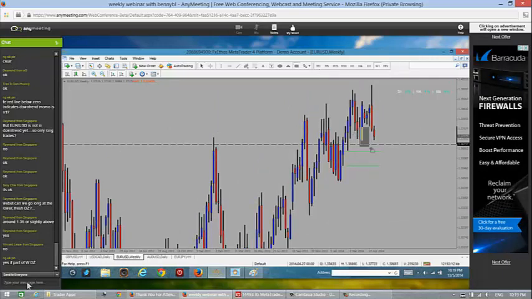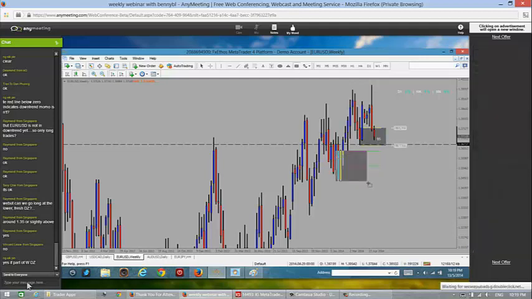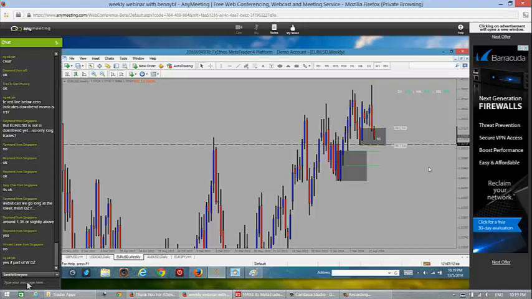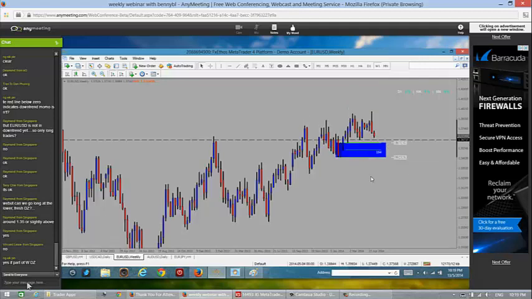This is a weekly demand that we drew just now. What else do we have? Price dropped down. Another demand. Is there a demand here? Okay. So is it level upon level?